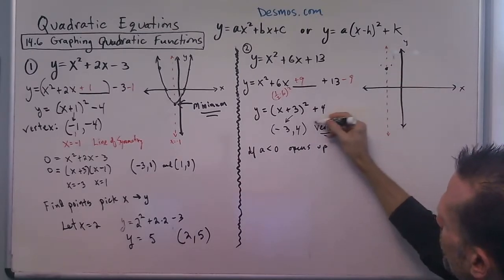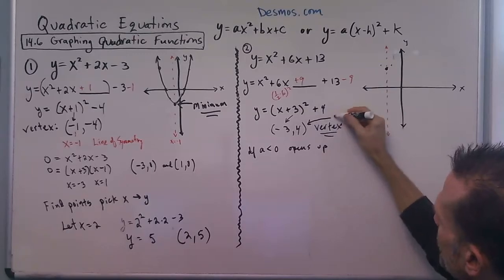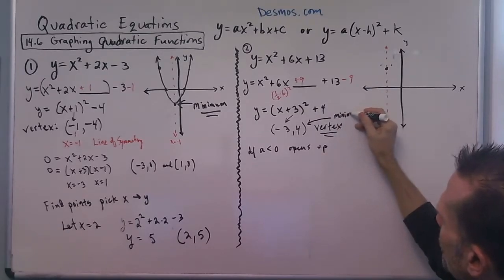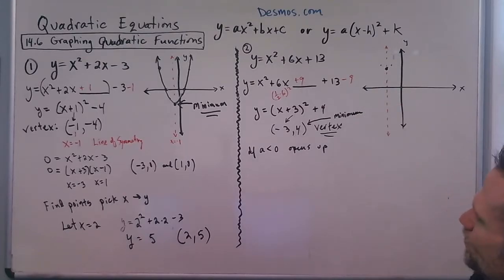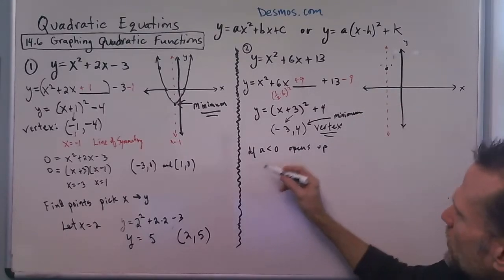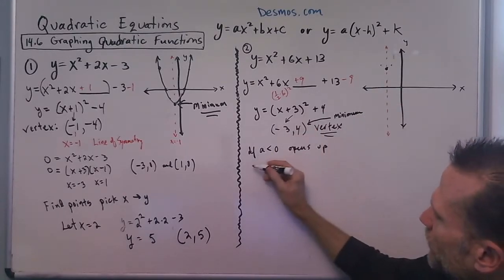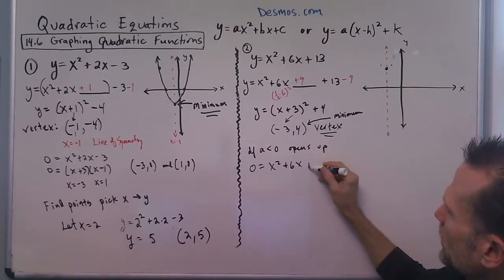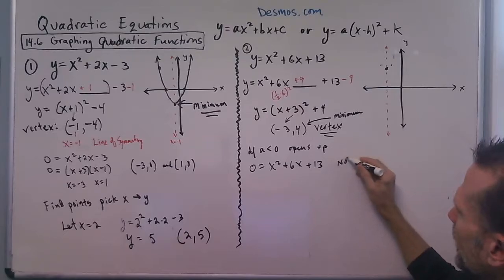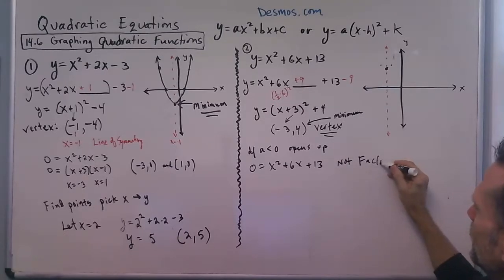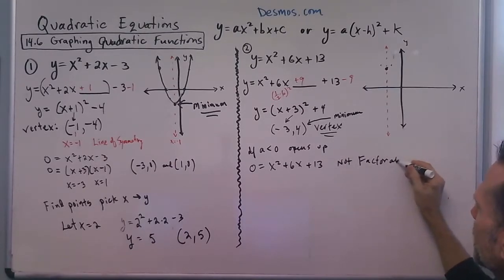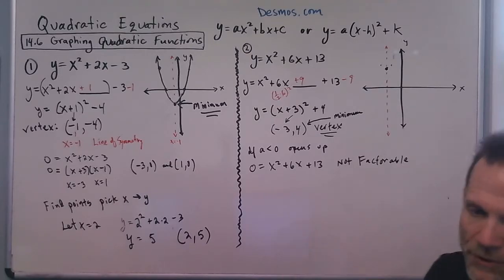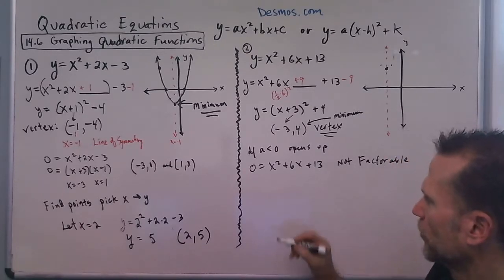So this point right here is going to be a minimum. Then I'm going to try to find the zeros here, and I have 0 equals x squared plus 6x plus 13, and this is not factorable. You can try, but it's not going to factor.